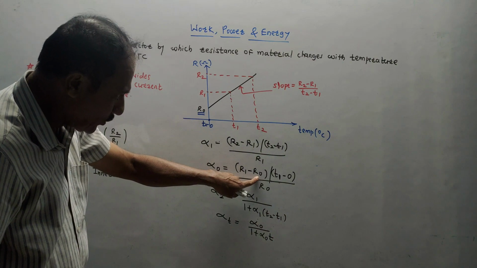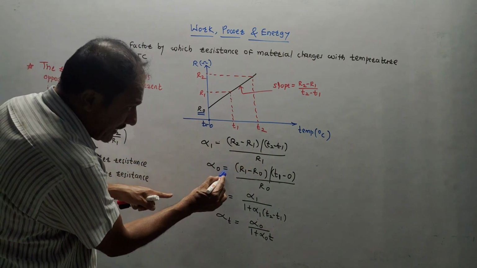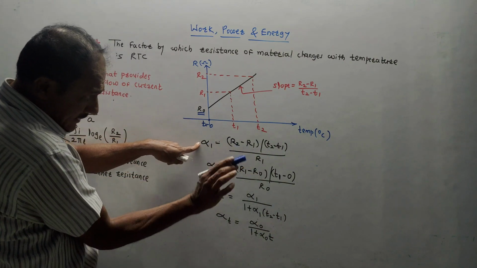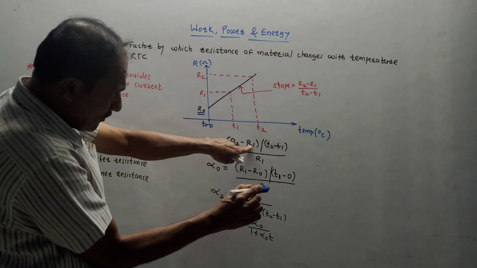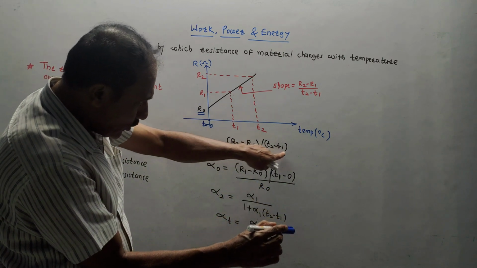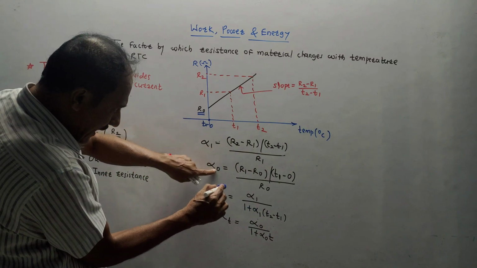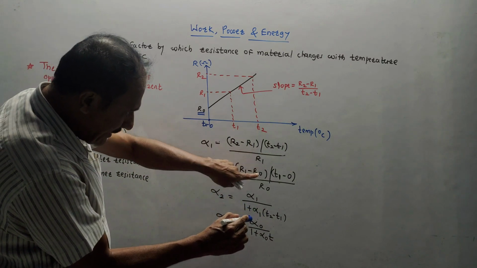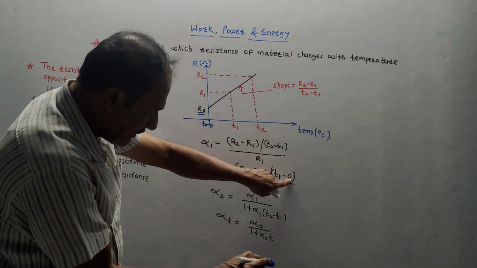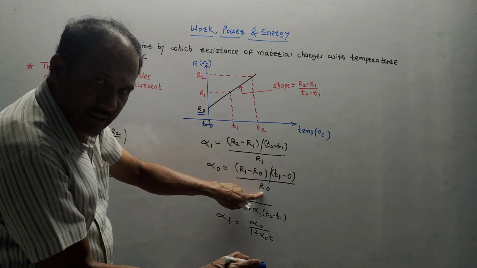This is the formula to calculate alpha 0. How to remember this formula? If you know this formula, just think like this. Alpha 1 is R2 minus R1 divided by T2 minus T1 upon R1. I want now alpha 0. So instead of 1, I have 0. So instead of R1, it becomes R0. Instead of T1, it becomes 0.